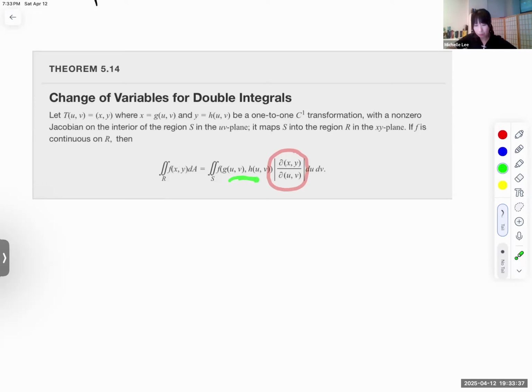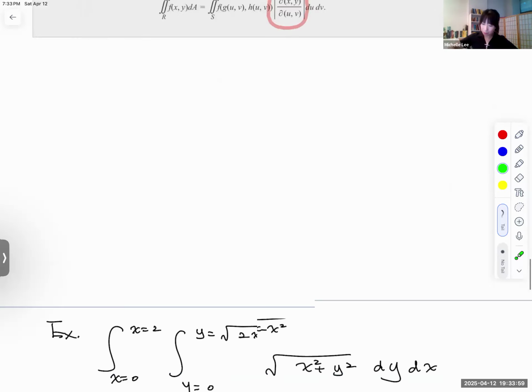Then we change the variable from xy to uv, and then we have the Jacobian here, and then du dv. All right, so we are using this formula to find the double integration. Let's do this problem.